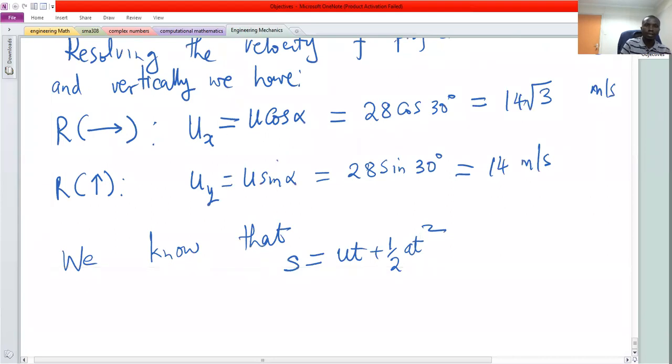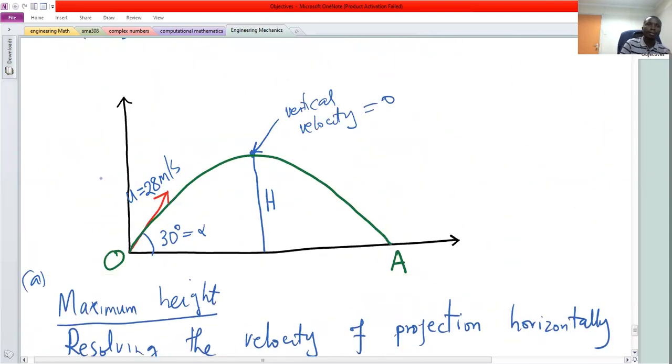So we can say y is given by uy t plus a half ay t squared. So ay is the vertical acceleration. And because in this motion, remember gravity acts downwards, so a becomes g. But when you revert the direction, moving upwards, then a becomes minus g.